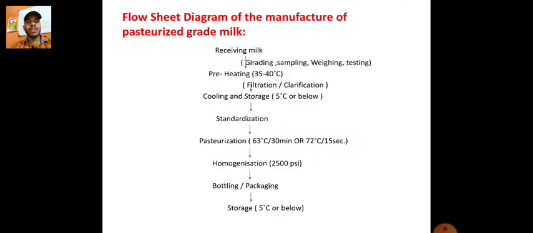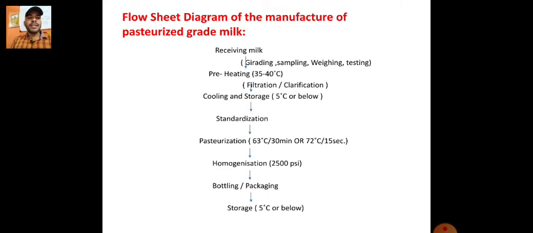Then we have to discuss the flow sheet diagram for pasteurized milk. The first step is receiving milk. This is the initial stage, receiving milk from ground level from dairies in cans, to tanker, rail or by road.